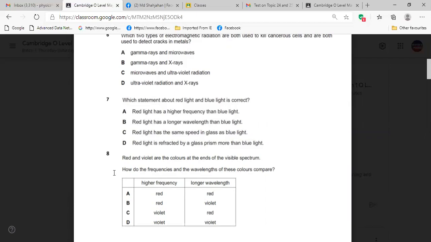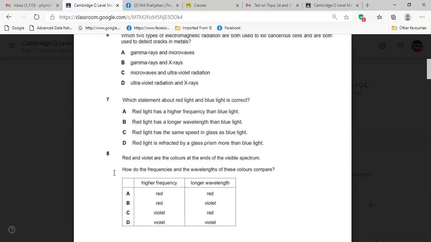Okay, C. In red light, it will bend the least. Yes, red light will bend the least. About C, they are talking about the speed. The one which has more wavelength is bending less. It is correct. And why is it bending less?